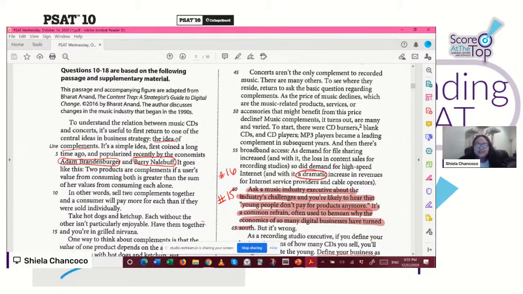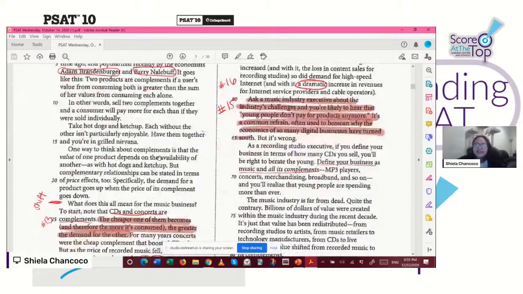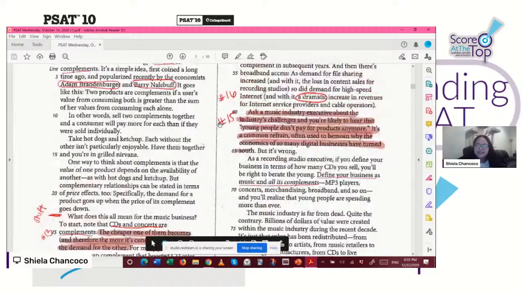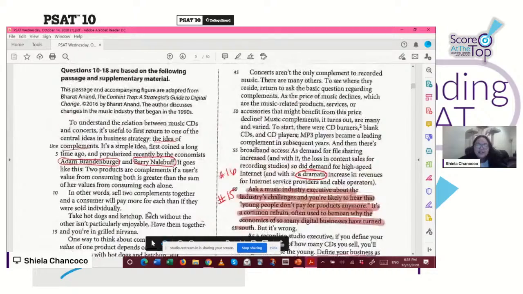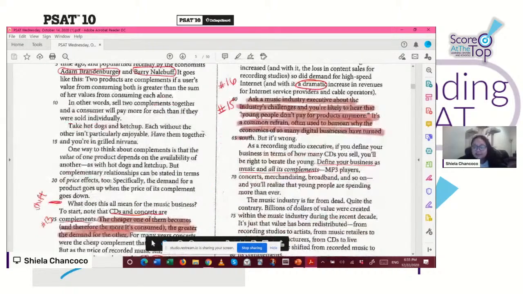But as long as you go through the questions one question at a time, I think this wasn't a bad passage, because as you can see, they only concentrated in certain areas of the passage. So if you understood what they were talking about, especially what complements mean, right?